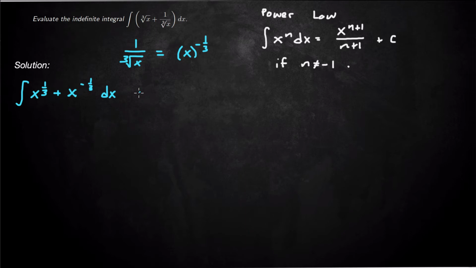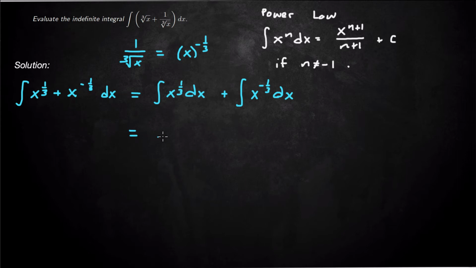So now we just apply the fact that we can break this indefinite integral up into the integral of x to the 1/3 dx plus the integral of x to the negative 1/3 dx. All right, so now we apply the power law in each case.